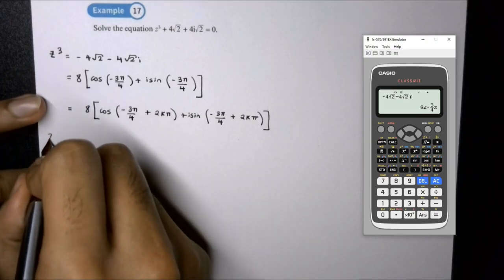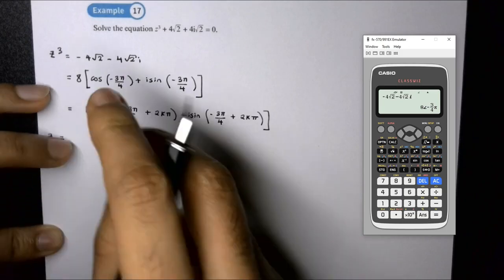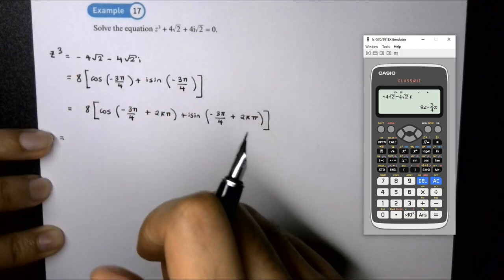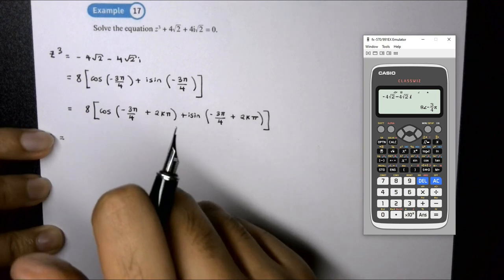So z will equal the cube root of this entire thing, which is the same as raising something to the power of 1/3.